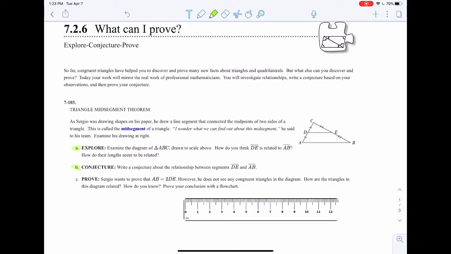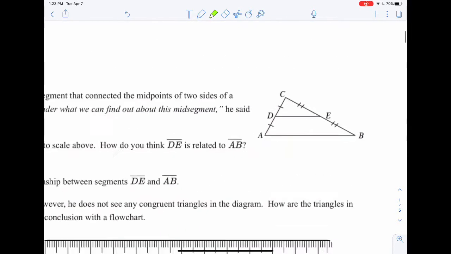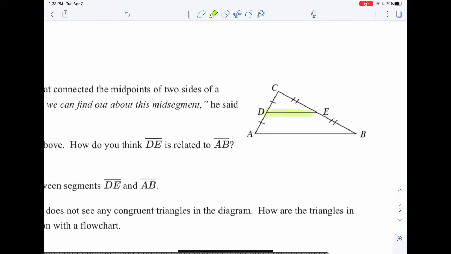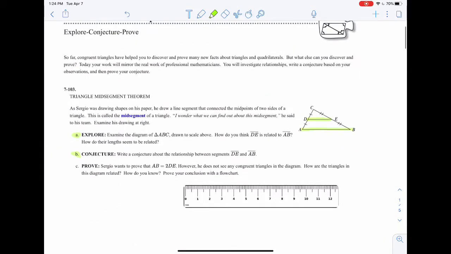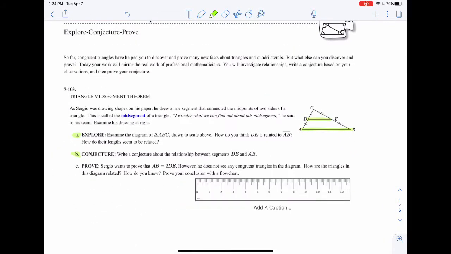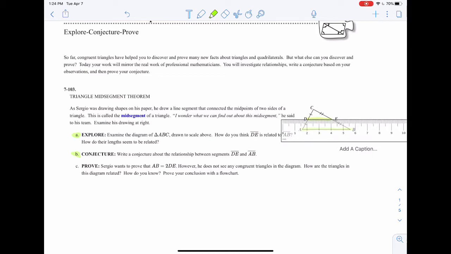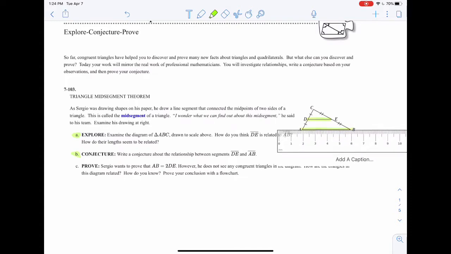By now you should have explored and written a conjecture about the relationship between segments DE and AB. If you used your ruler, you could have seen that, based on this unit of measurement, DE is 2 units and AB is 4 units.